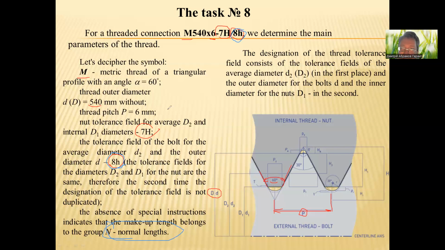The designation of the thread tolerance field consists of the tolerance field of the average diameter in the first place, and the outer diameter for the bolt, and the inner diameter for the nut in the second place.